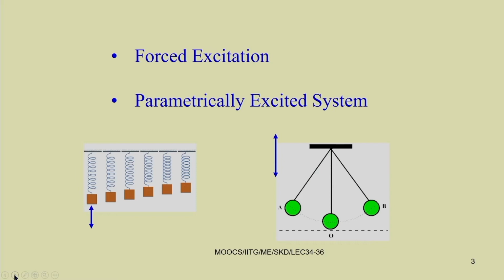In case of a forced excited system, the force and the displacement are taking place in the same direction, but in case of a parametrically excited system, the application of force and the direction of motion are perpendicular or orthogonal to each other. In case of forced excitation, particularly in nonlinear cases, we have taken weak excitation and hard excitation, and also studied different types of resonance conditions.